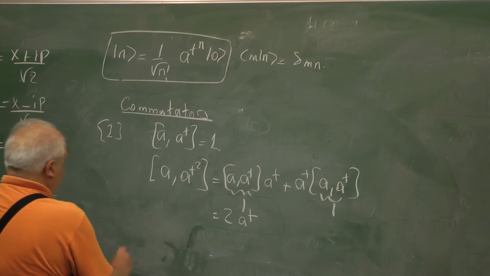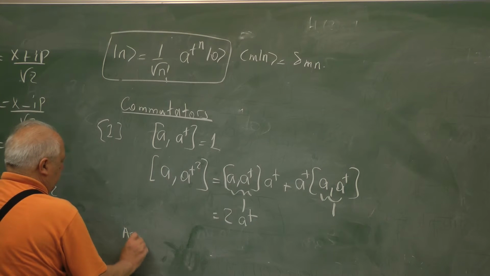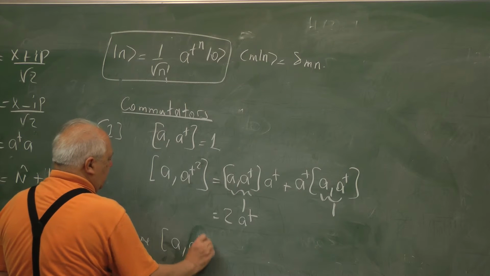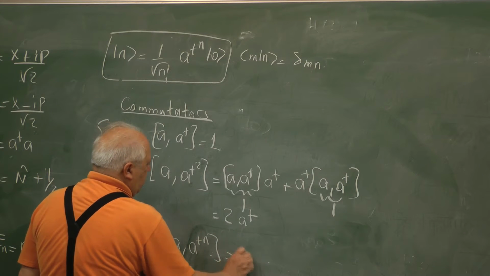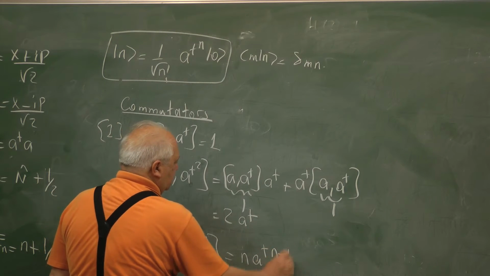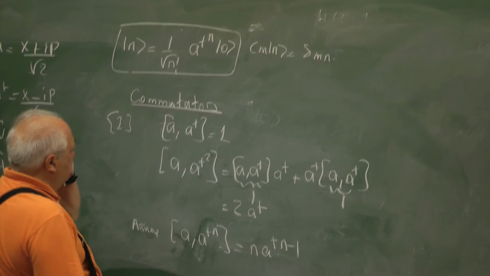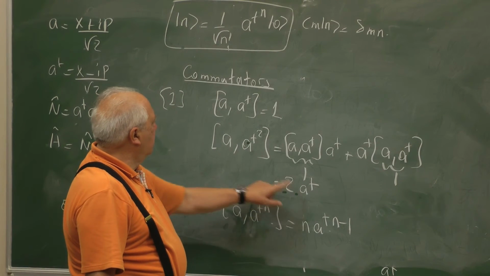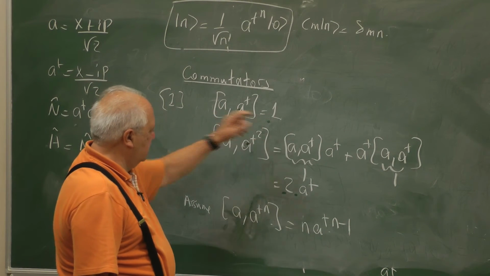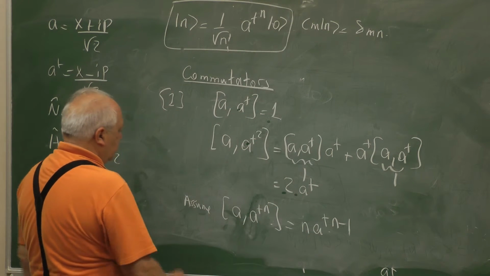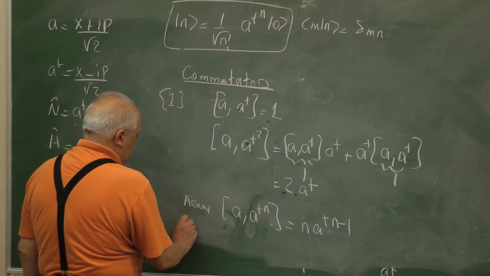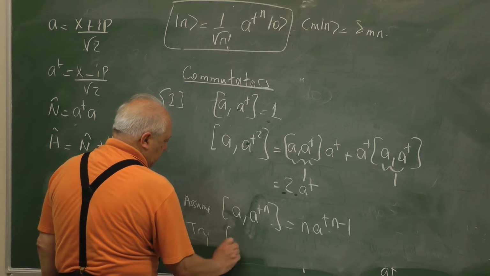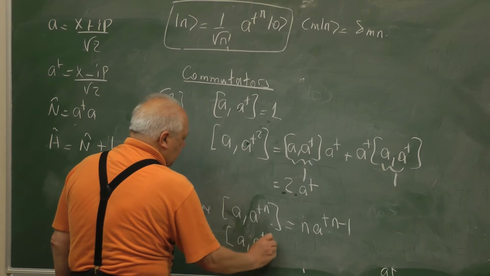Now let us assume a dagger n is equal to n a dagger n minus 1, because that's the way it seems to go. This was square, this is 2a dagger. This is a dagger, this is 1. Let us try, that's proof by induction, a dagger n plus 1.